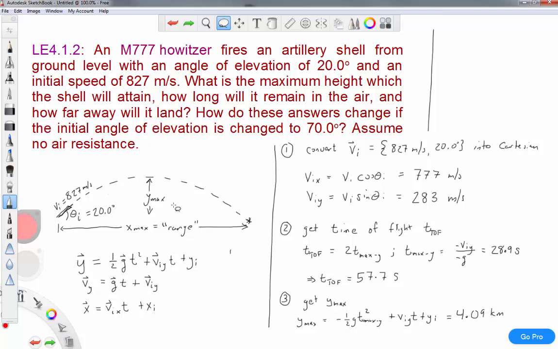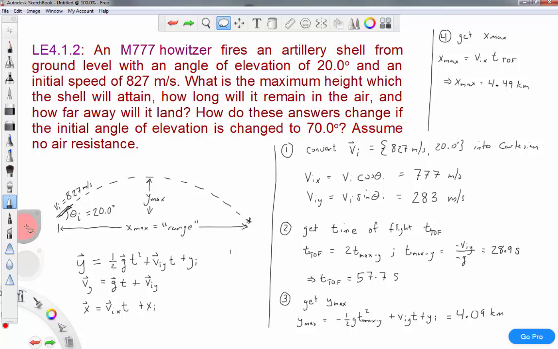To get the range, all you have to do is multiply the initial x speed times the time of flight and add the initial position, but the initial position was 0 anyway. Plugging in 777 meters per second and 57.7 seconds, you find a total range of about 4.49 kilometers.